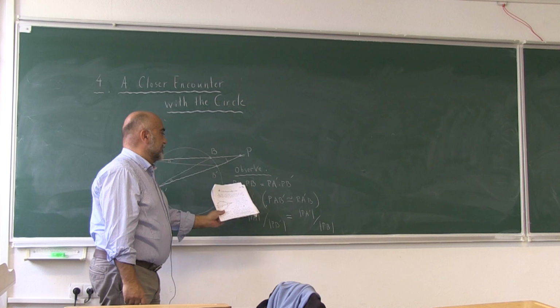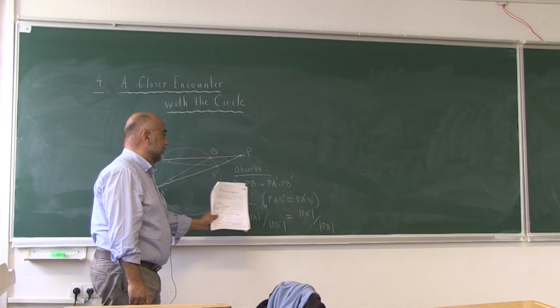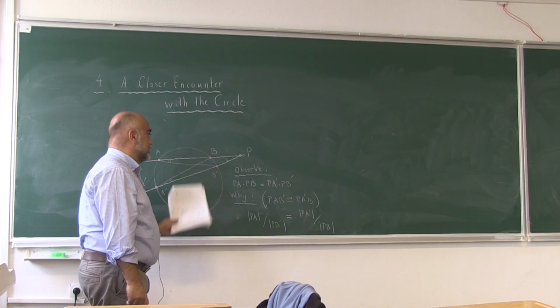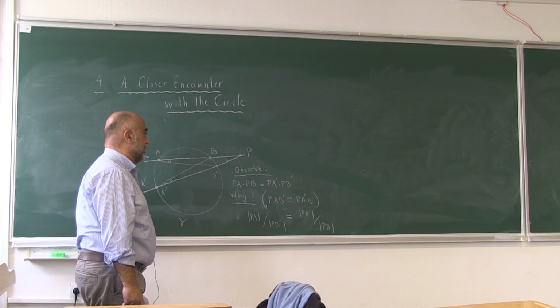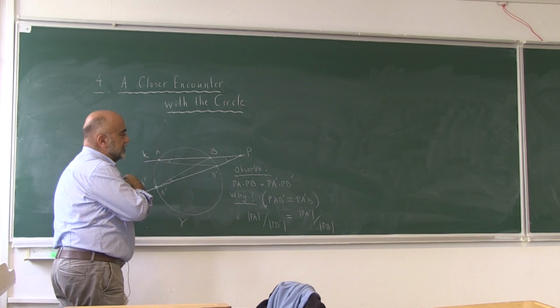From this, you can get this equality with, of course, lengths instead of directed lengths. But since this is positive when P is outside, there is no problem. If P is inside, well, you will make the necessary changes, and you will get exactly the same thing. So, okay, that's why.